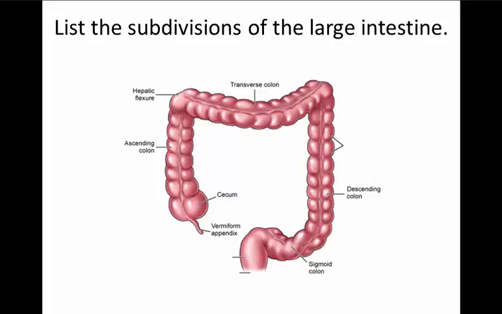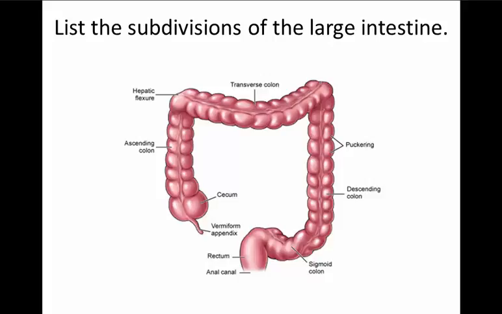We then have a region called the sigmoid colon. The sigmoid shape is an S shape, and what you can see here is that the large intestine undergoes a little S-shaped curve before it reaches the rectum, and then as we mentioned earlier in this slide presentation, the rectum is connected to the anal canal, which connects to the outside of the body.